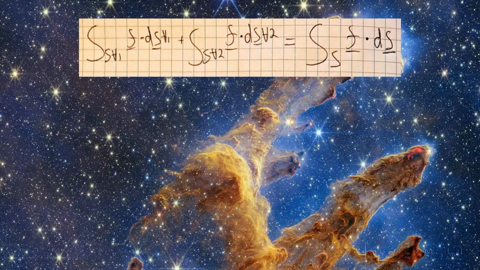So what we've shown is that the surface integral of these two cubes next to each other added together is going to be equal to the surface integral of the larger shape that consists of the volume of both cubes, because these adjoining faces are actually going to cancel each other out.